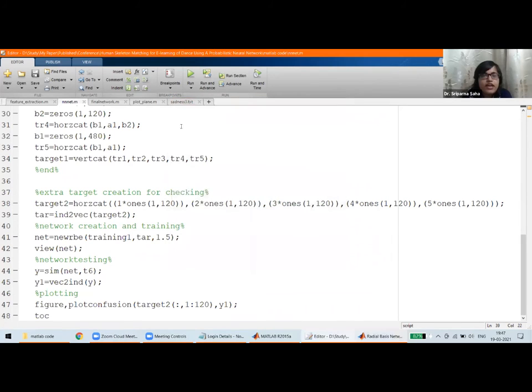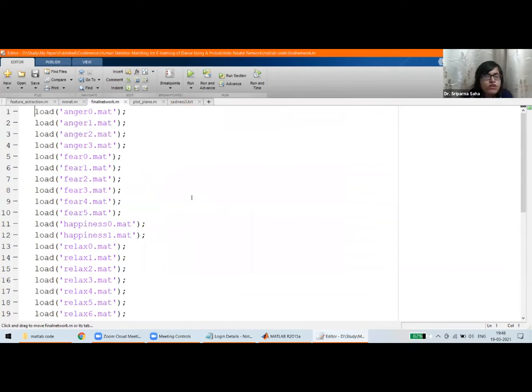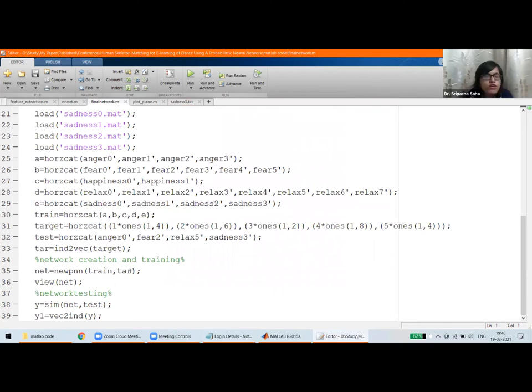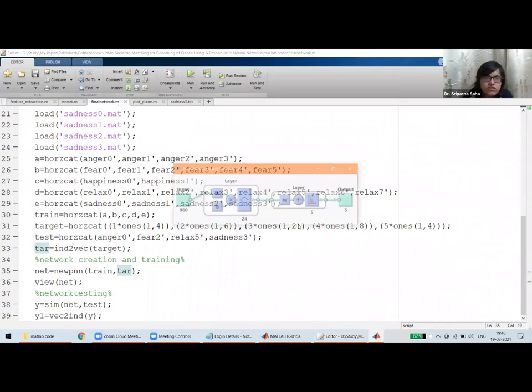Okay, now we are moving to the actual PNN architecture, that is, probabilistic. For that probabilistic neural network, we need our train and the target, right? We are training the neural network. For that, there is a train and there is a target. Let me just run this particular thing.